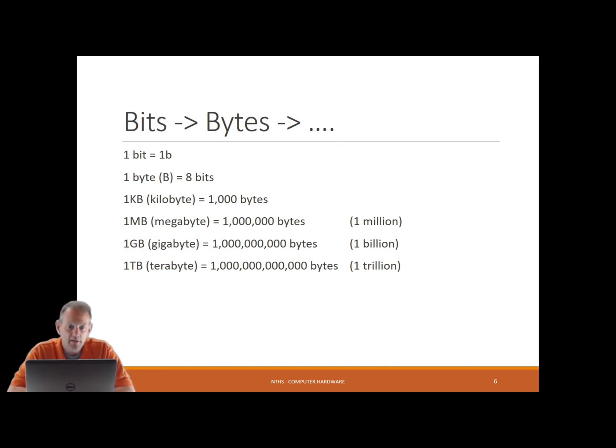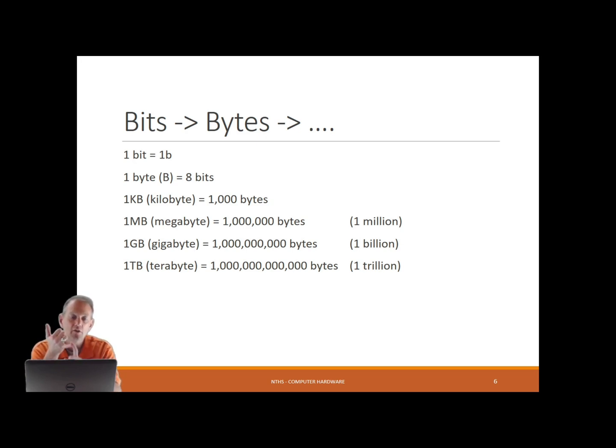A megabyte, represented by a large M and a large B, and the B matters because M little b means megabit, M large B means megabyte, and we're going to use both those terms later on in the course. So a megabyte is 1 million bytes. A gigabyte, represented by GB, is 1 billion bytes. And a terabyte, represented by TB, is 1 trillion bytes.